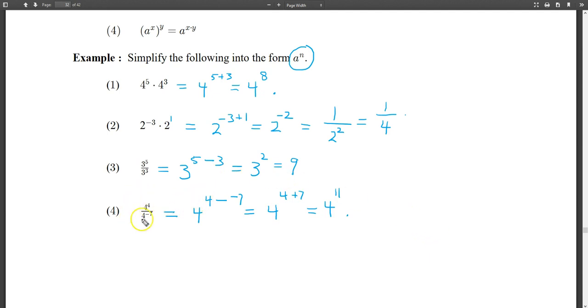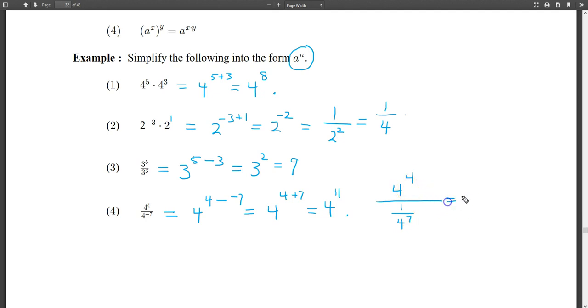Now this one right here might be a little difficult to see. Why is it 4 to the 11th? Well, here's another way you could see it. If you look at this as 4 to the 4th, 4 to the negative 7th is really 1 over 4 to the 7th power, right? Now, if you think of our rules for handling the fractions, we would flip this up and multiply it by 4 to the 4th power.